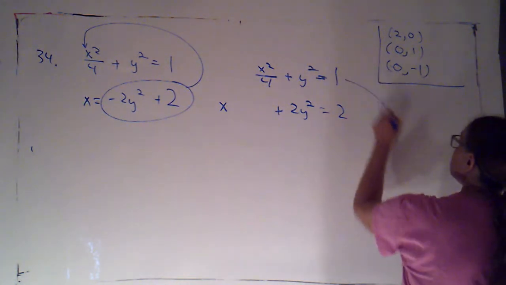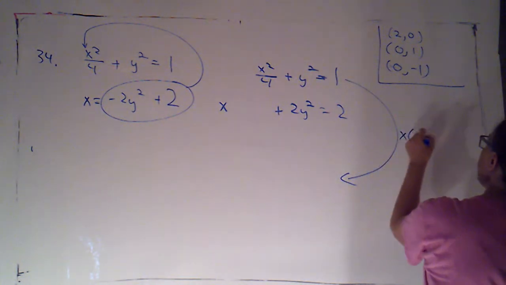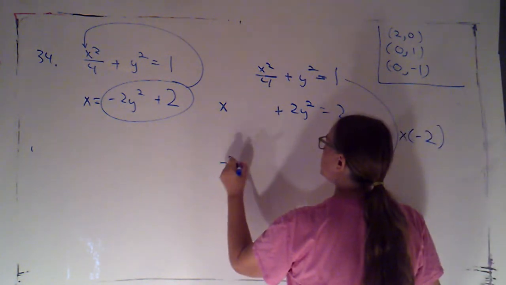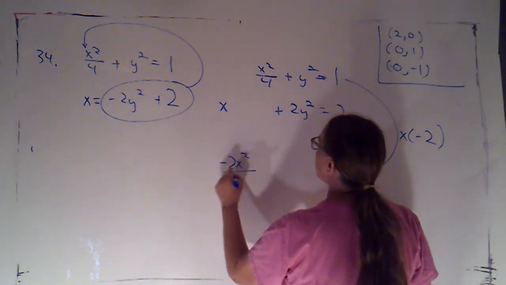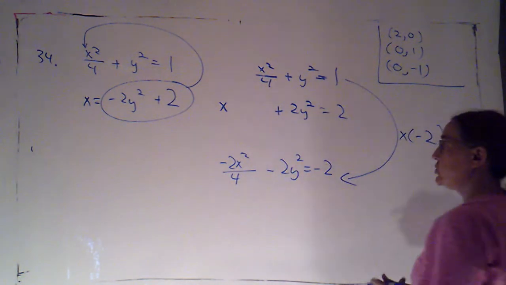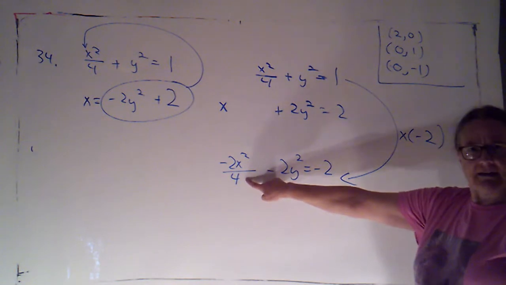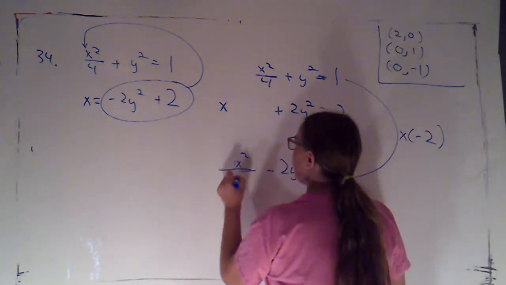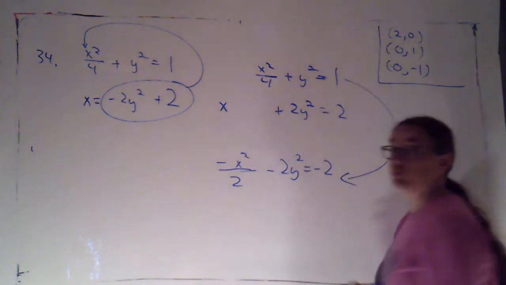So if I multiply that by a negative 2, I'm going to have negative 2x squared over 4 minus 2y squared equals negative 2. Now I can see this first fraction here would reduce. That's just going to reduce to negative x squared over 2.